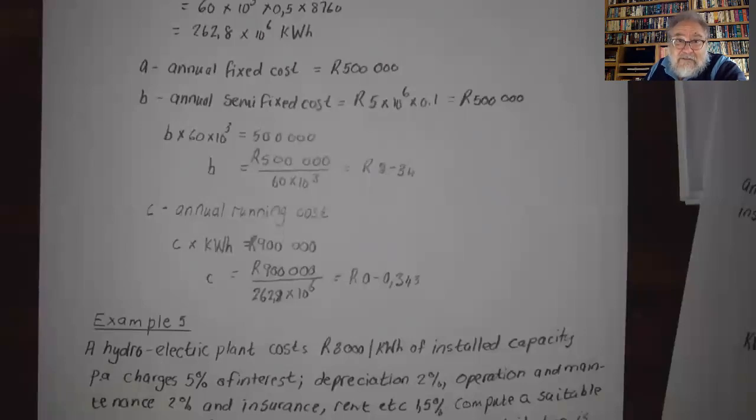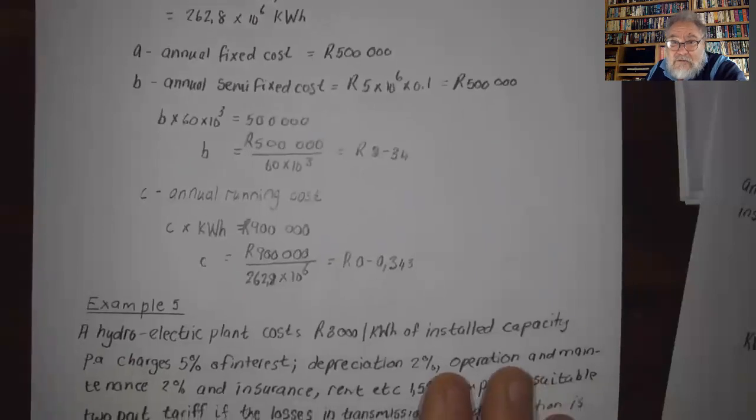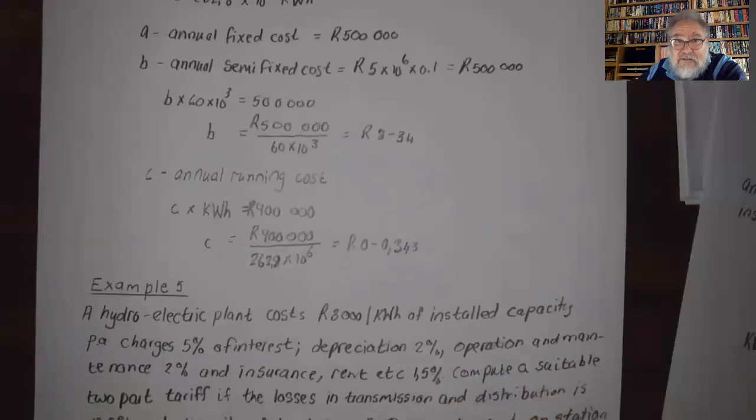B times 60 times 10 to the power of 3 is 500,000. So therefore B comes down to 8 Rand and 34 cents. C is the annual running cost. That C times kilowatt hour is 900,000. And therefore C is equal to 0.343 cent.